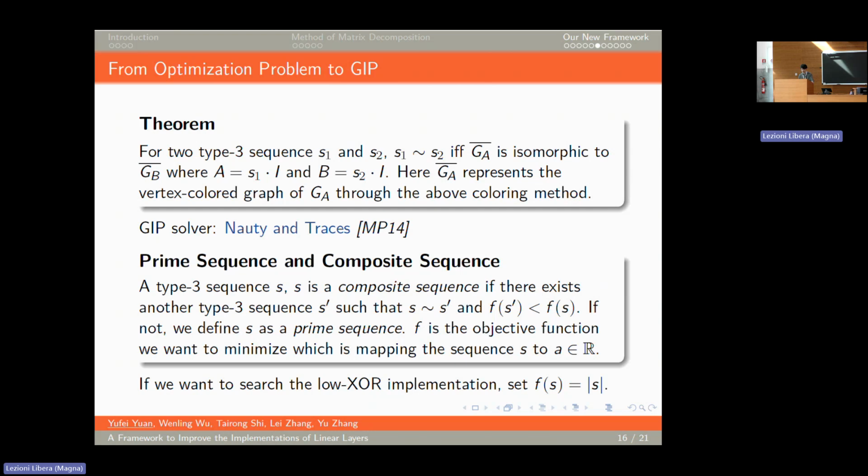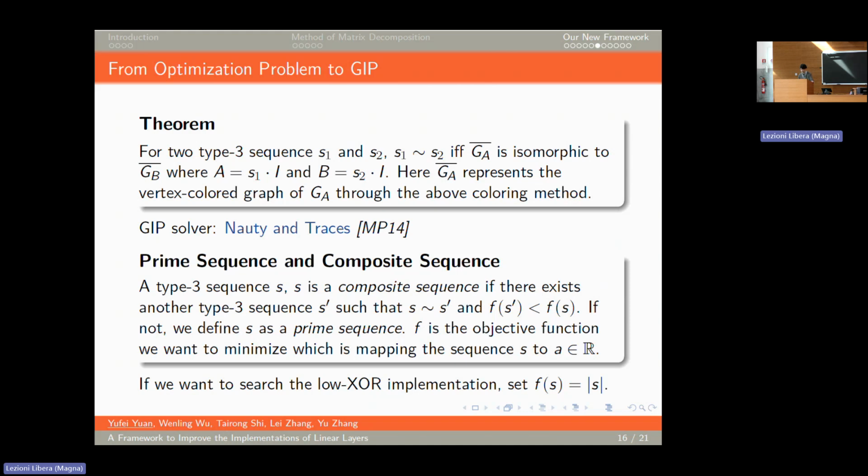And we define the prime sequence and the compatibilities. A sequence S is not prime if there exists S dot such that S is equivalent to S dot and F of S dot is less than F of S. If not, we define it as a prime sequence.